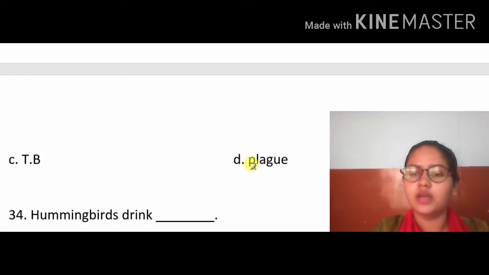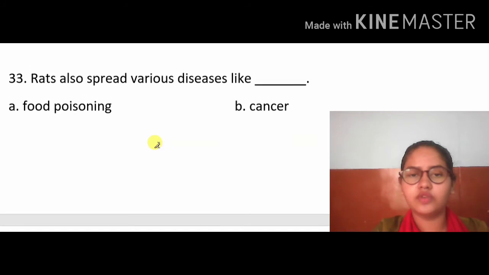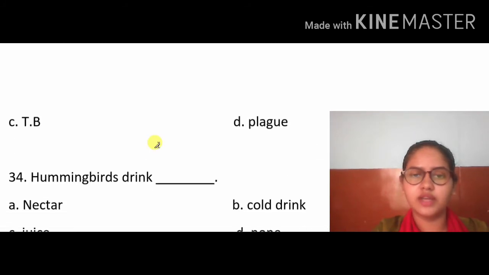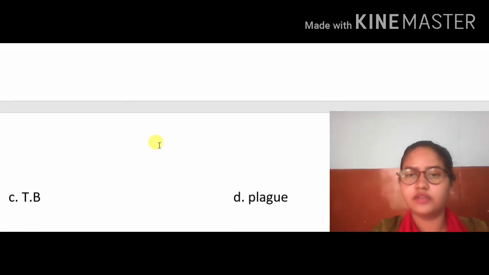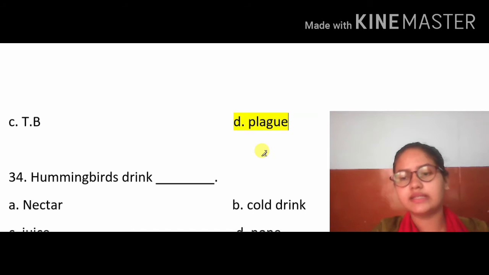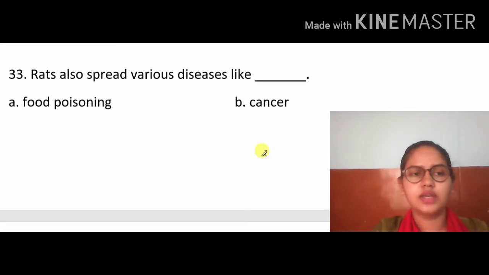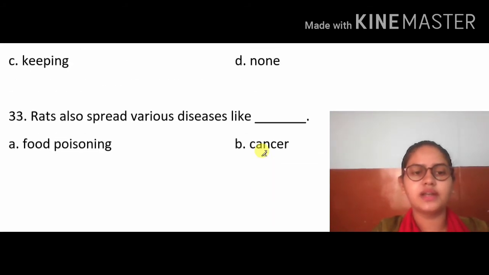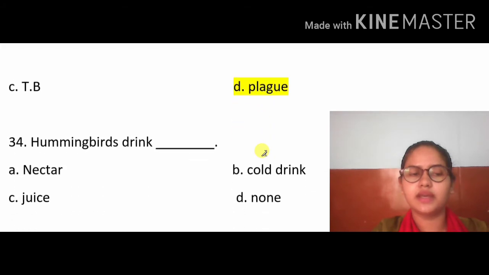This one is plague. I have given all the answers according to your book, so you have to only read your book. Okay. No need to be confused, because whatever is written here, I have taken from your book. So which one is your correct answer? The D one is your correct answer. So plague is correct for the 33rd question. Rats also spread various diseases like plague.